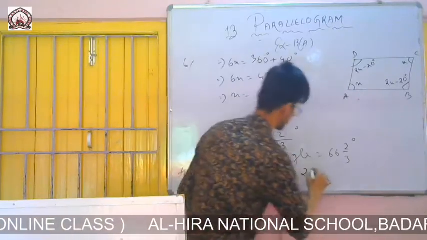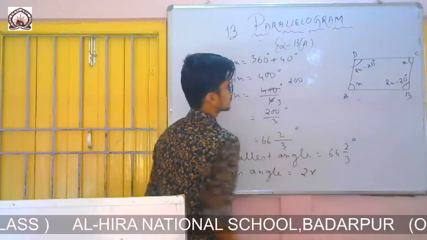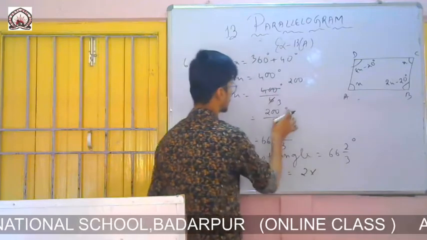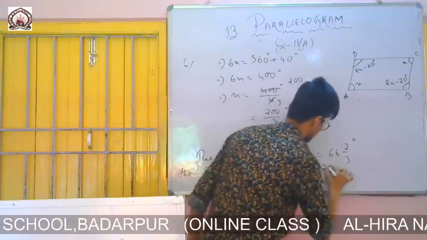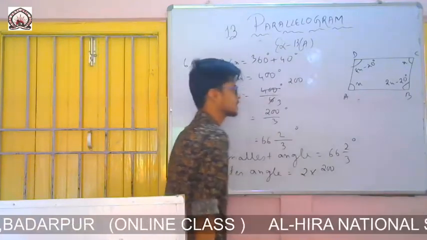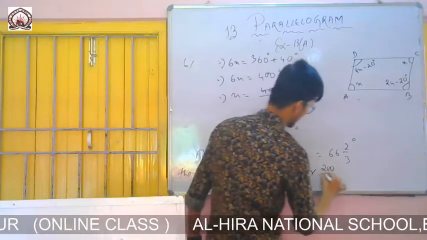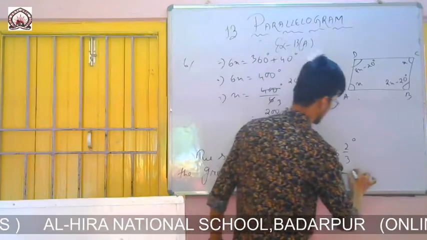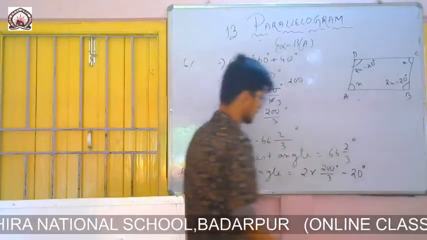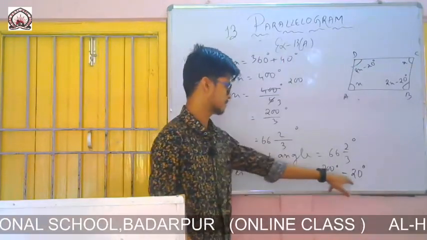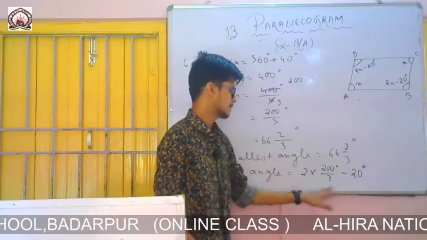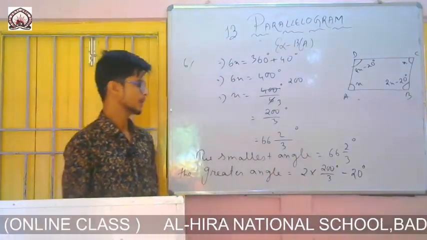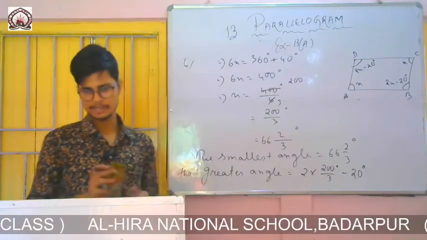So twice x, in place of x I am writing 200 by 3. Same thing: 66 2 by 3 and 200 by 3 are the same, one in improper fraction, another in mixed fraction. Minus 20 degree. 2 into x minus 20 degree.